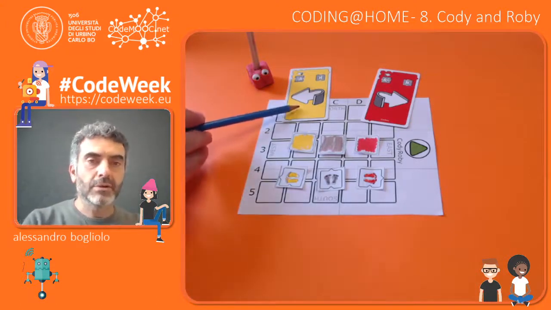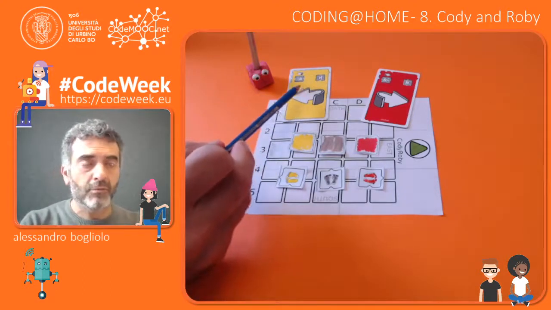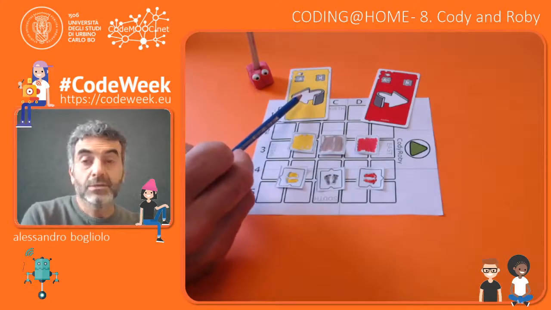So this card here, the yellow one with this arrow to the left, means turn left.